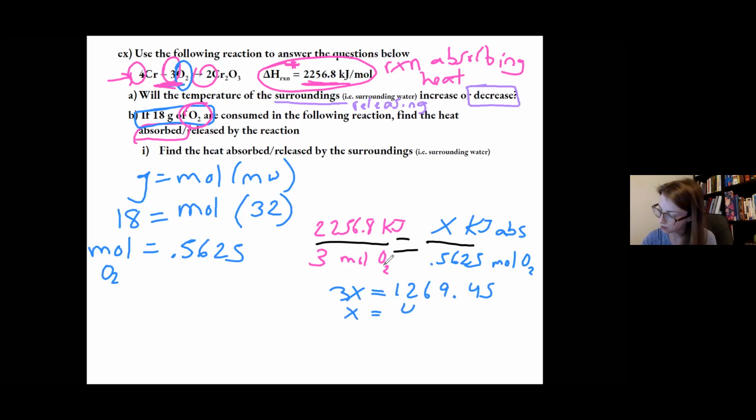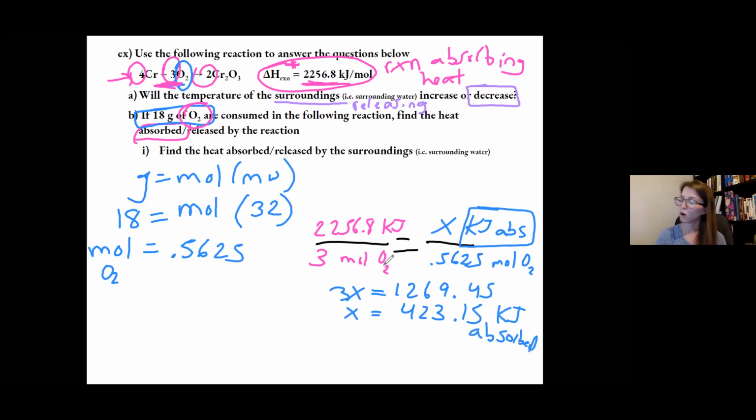For my X value, I get 423.15. And since I did a good job labeling my units up top, I know that that means this reaction absorbed 423.15 kilojoules of heat or energy. That would be my answer for B.